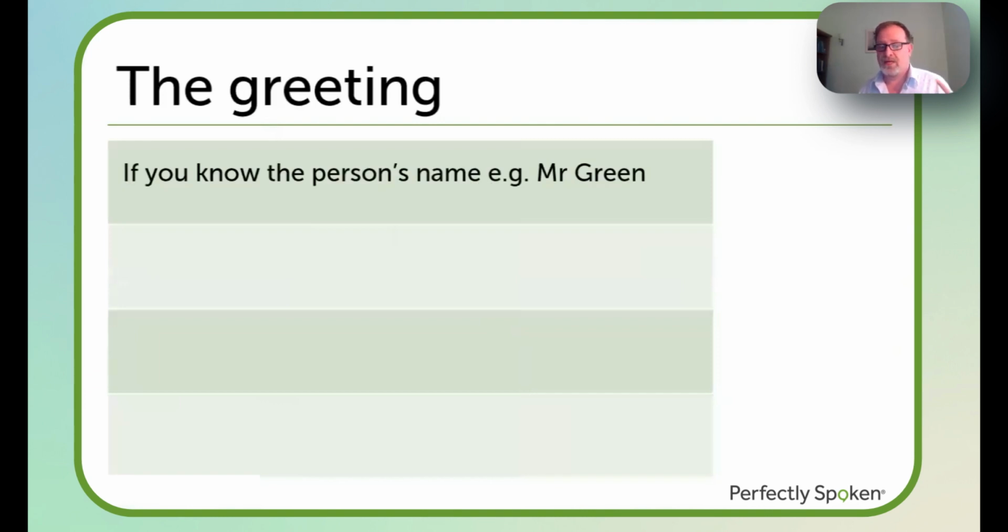If you know the person's name, the person you're writing to, because you're replying to another letter and they've signed it or whatever, then we start the greeting with either, if it's a man, dear Mr. Green in this case.